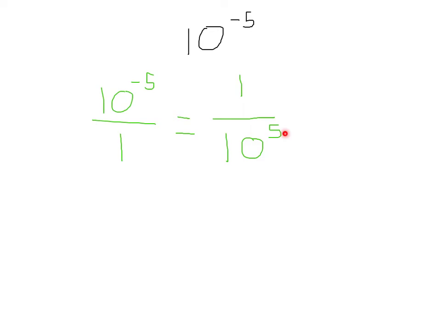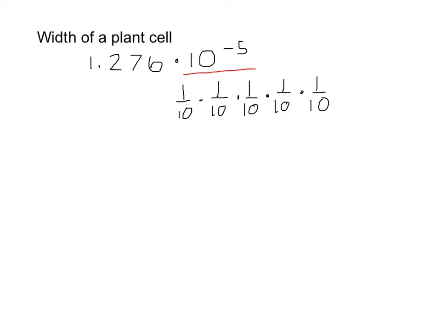How can we use this equivalent to help us prove the width of a plant cell? Let's return to our problem. So we just went over an equivalent to 10 to the negative 5th power is 1 over 10 to the positive 5th power. Below here, I expressed that in expanded form.